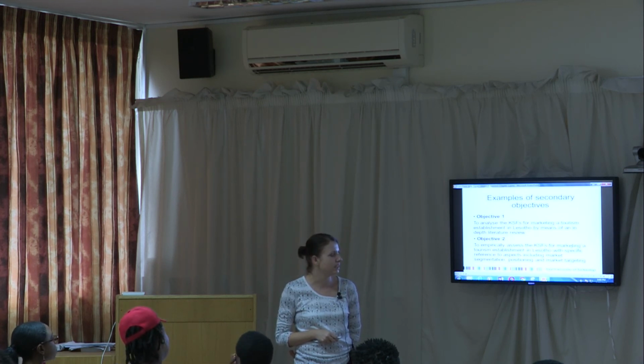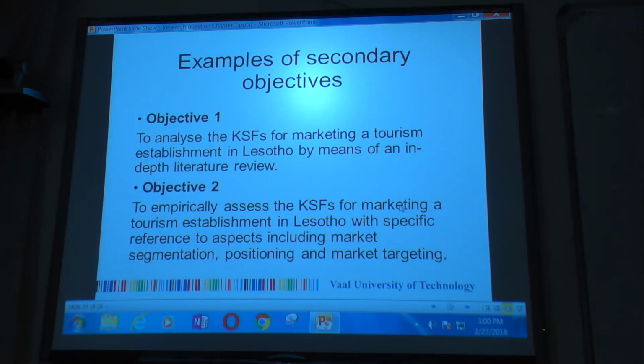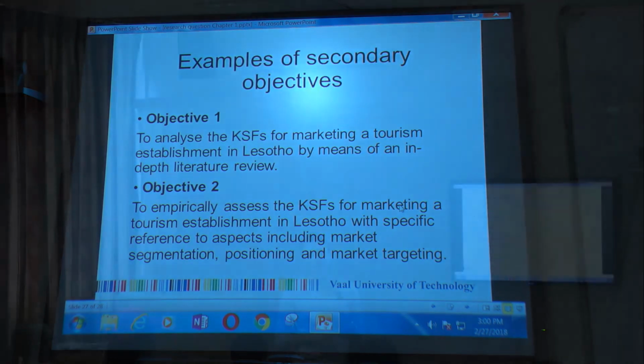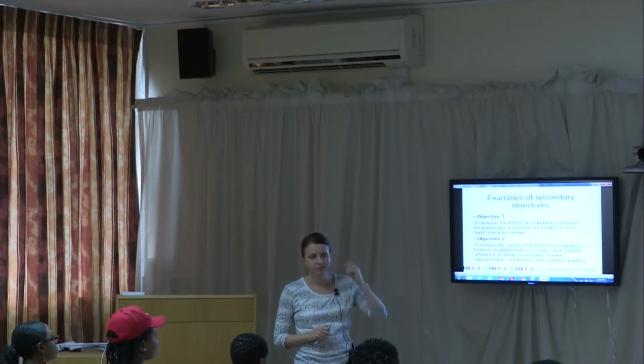That's empirical assessment of what? Of key success factors. For doing what? Marketing the establishment. Where? In Lesotho. And what she's going to look at specifically, for example, segmentation, positioning, and targeting. That is specific. She will be able to measure whether or not she has achieved that objective. So those are examples of secondary objectives.